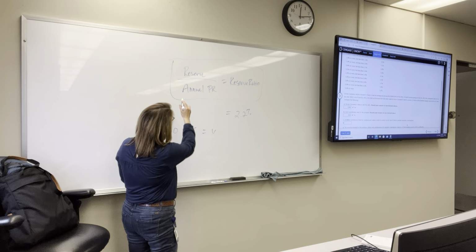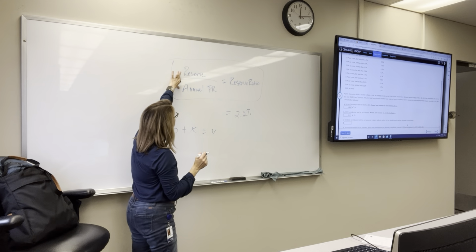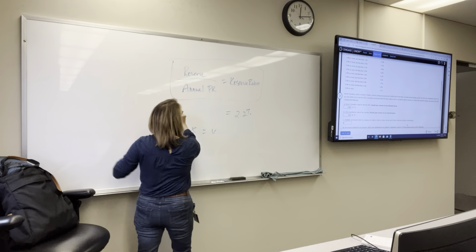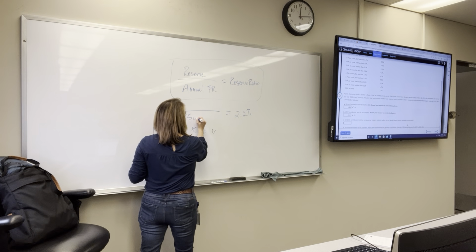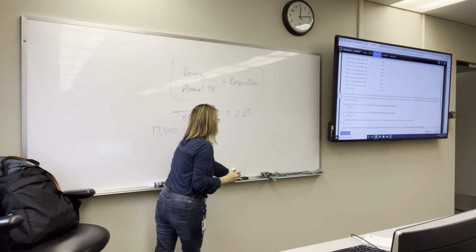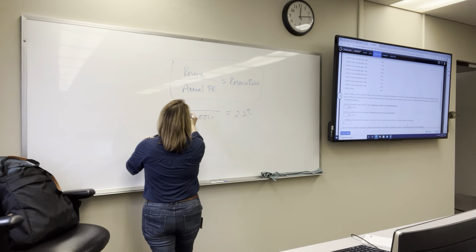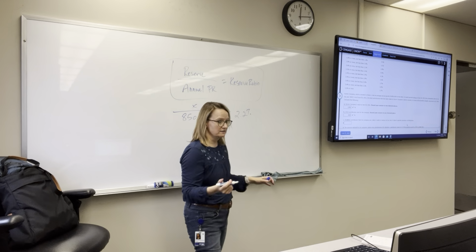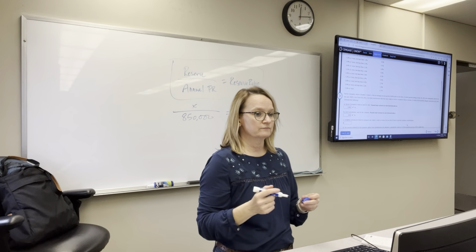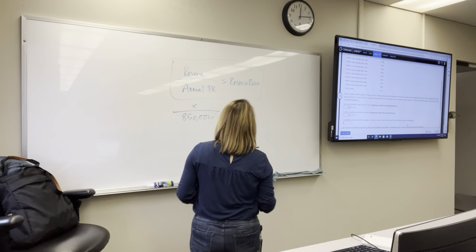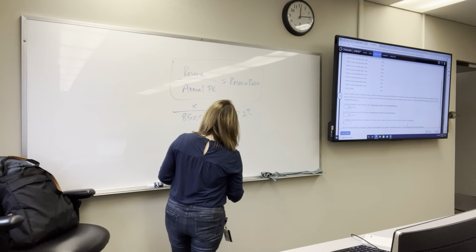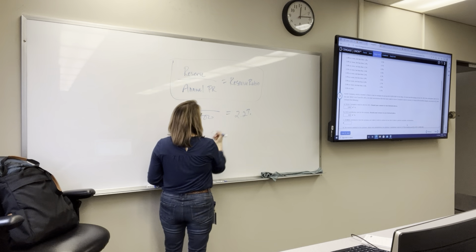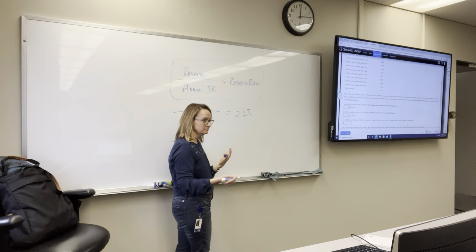So let's use our formula here. We don't know what the numerator is, but we do know what the denominator is. It's 850,000. Right? Now we just solve for x. Think back to your math class, your algebra classes, right? We're going to multiply both sides by 850,000 to solve for x.